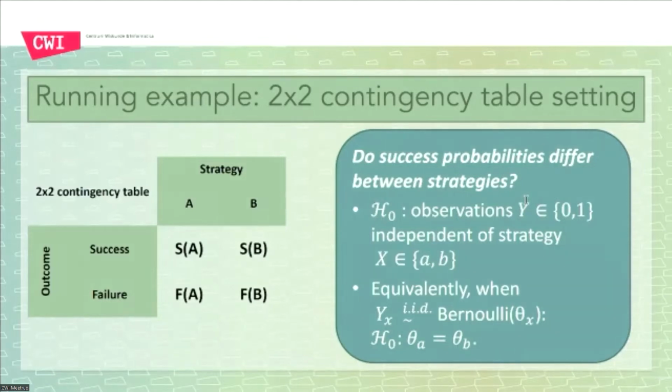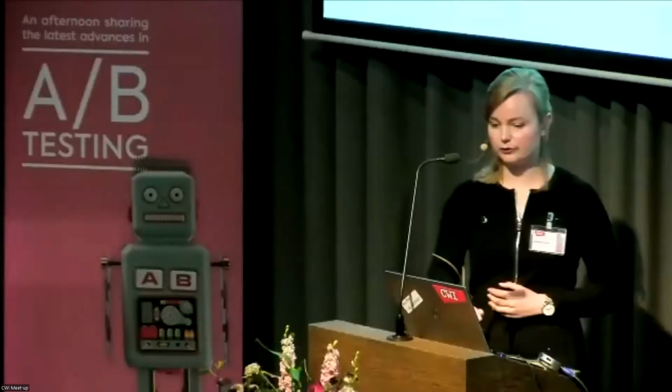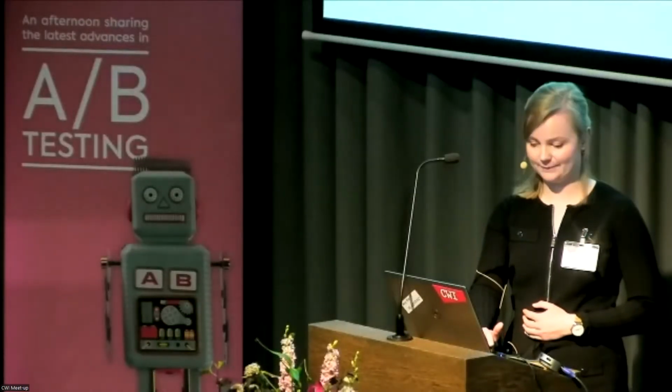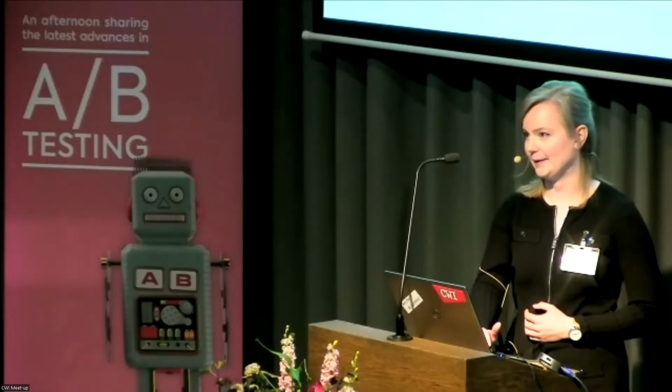And under our null hypothesis, the observations Y, which can take on value 0 for failure, and value 1, which represents success, are independent of the strategy we choose. So probabilistically, we can say that our observations follow a Bernoulli distribution with a certain probability of success. And then under the null hypothesis, these success probabilities are the same.